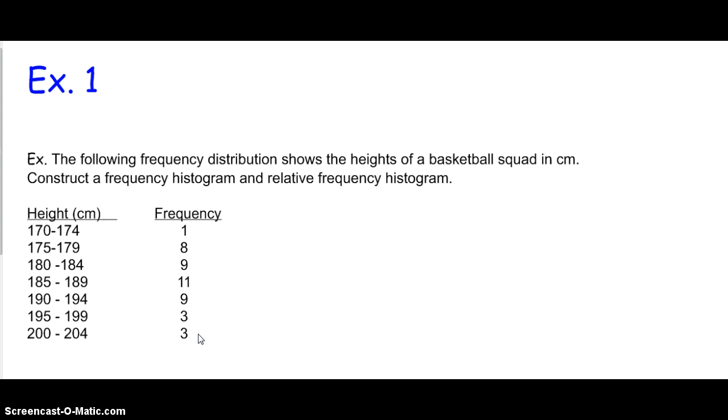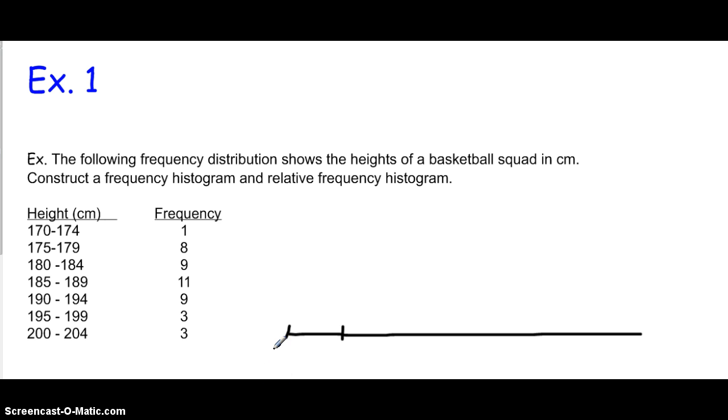That's our numbers. So our x-axis is going to be our height, our range of values, and then our y-axis is going to be our frequency. It is important to set this up and make sure our column widths are equal. We must have the same range in each of our columns. We start off with 170 here, and that doesn't look so high, so let me fix that 0.